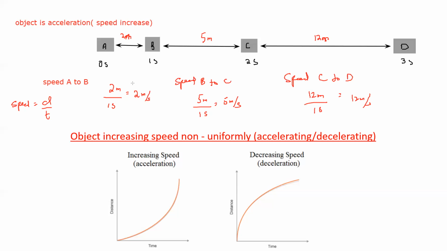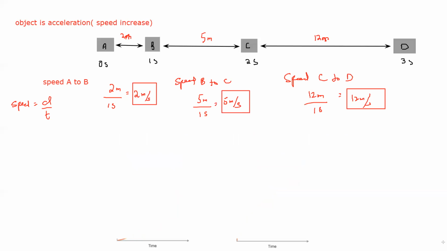Whenever the speed of an object is increasing, the value of the speed is increasing, we say this object is accelerating because the speed is increasing. And when we sketch a distance time graph for this object, is it clear with numbers?